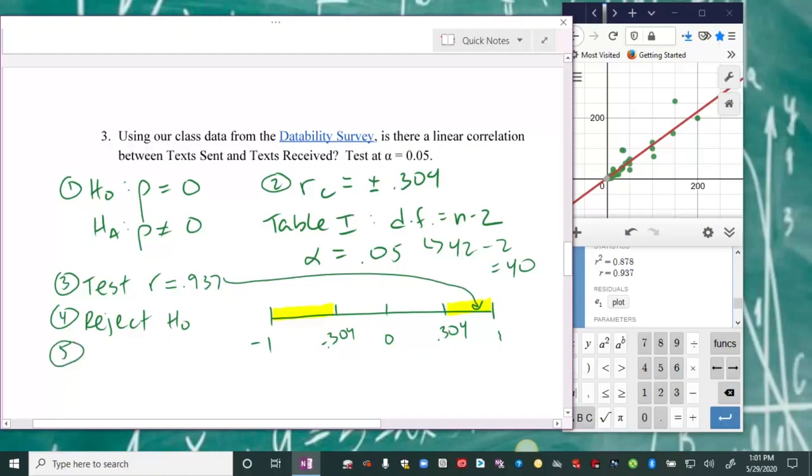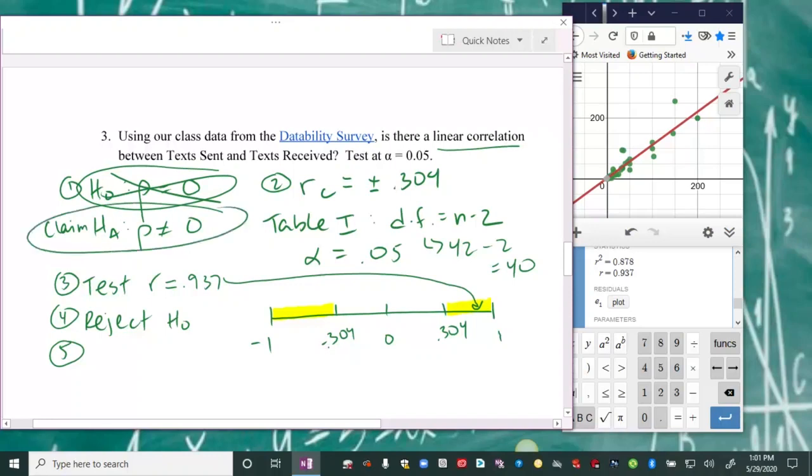Step number 5, we wanted to see if there is a linear correlation. So my claim was the alternative. I'm going to cross out my null in favor of the alternative. So yes, there is a significant, this one is positive, linear correlation. We could also say that we support the claim.